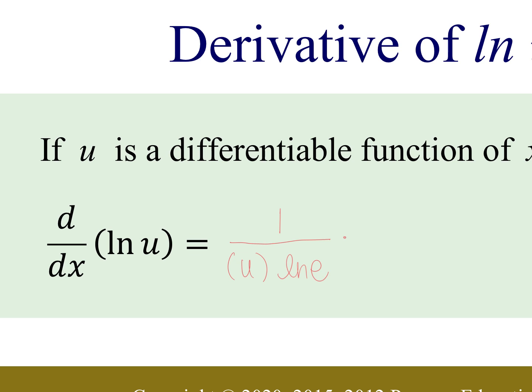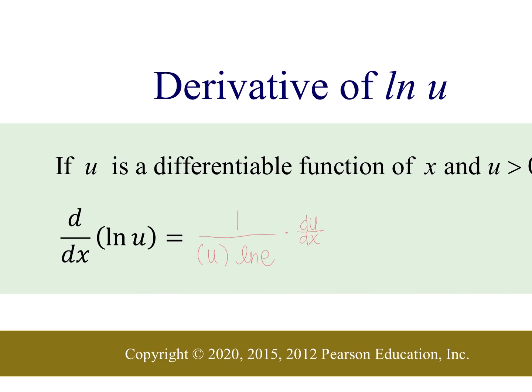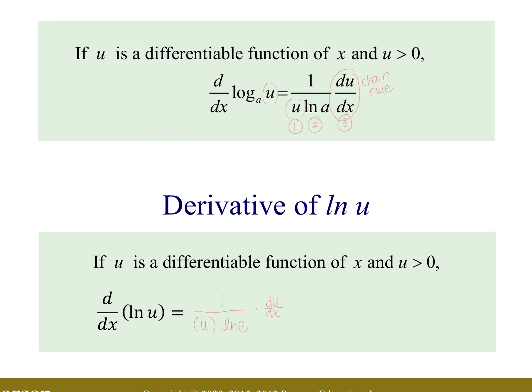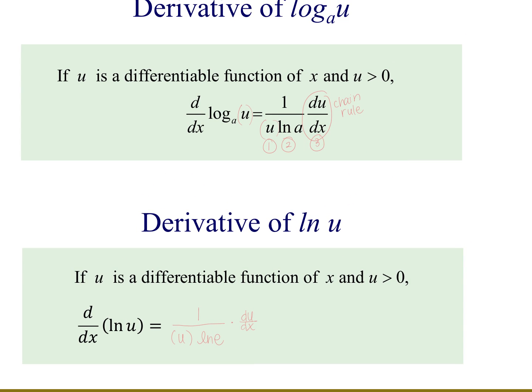And then the chain rule would be du over dx. So that is our multiplication of the chain rule. That's it. Every log has the same derivative. Now you know how to do any log derivative. We're just going to practice that in multiple situations today.